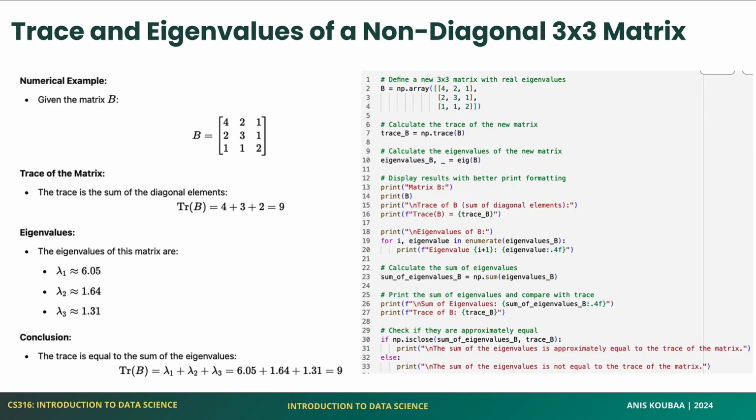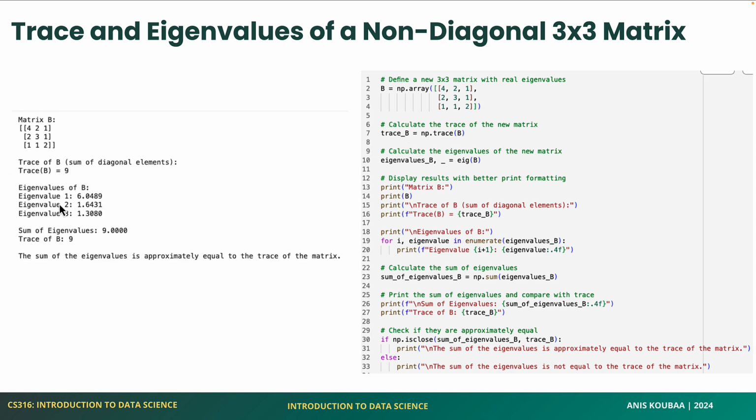Okay. And this is an illustrative Python script. We have a matrix B, which is equal to this one, and you can calculate the trace of the matrix. So the trace of the matrix is 9. And then we calculate the eigenvalues of the matrix and show all of them.